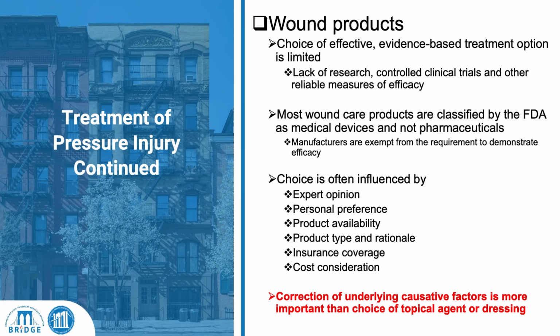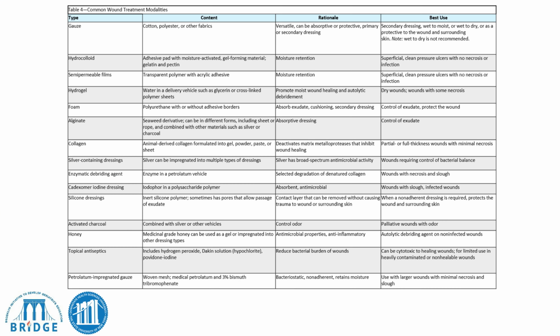Therefore, manufacturers are exempt from the requirement to demonstrate efficacy. So the choice of wound product is often influenced by: 1. Expert opinion, 2. Personal preference, 3. Product availability, 4. Product type and rationale, 5. Insurance coverage, and 6. Other cost considerations. But the correction of the underlying causative factor is more important than the choice of topical agent or dressing. So it's important to note that.